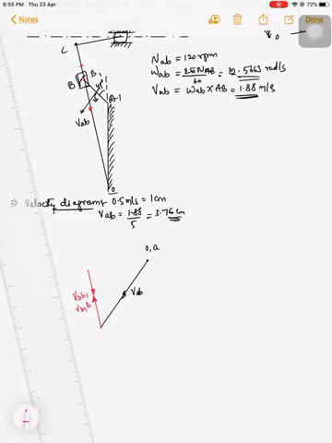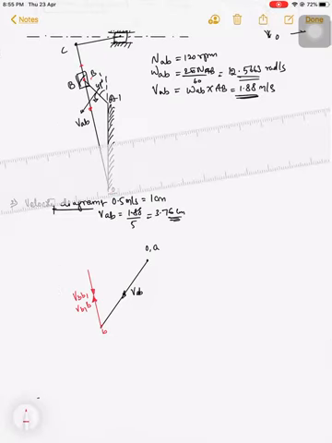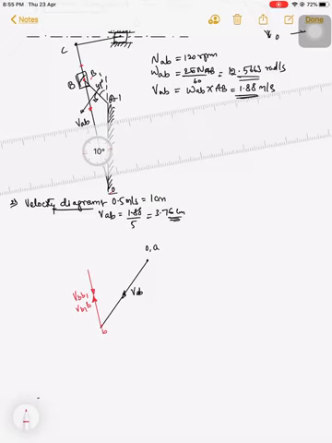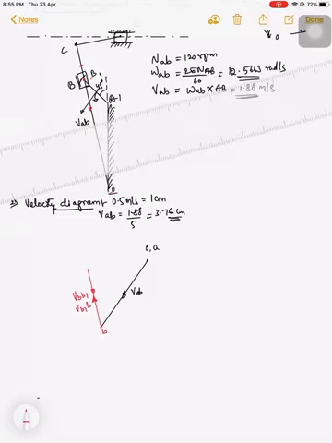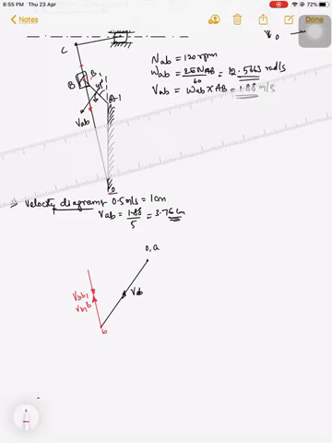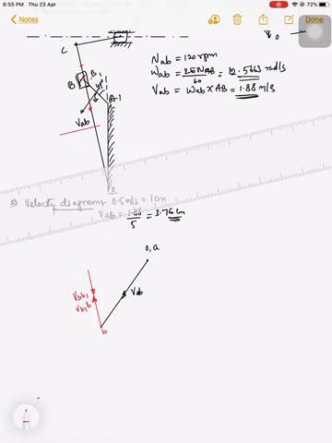Now let us consider the link OB1. So this is point B here. Again, the linear velocity will be acting exactly perpendicular to this link, like this, right? So this is your VOB1.